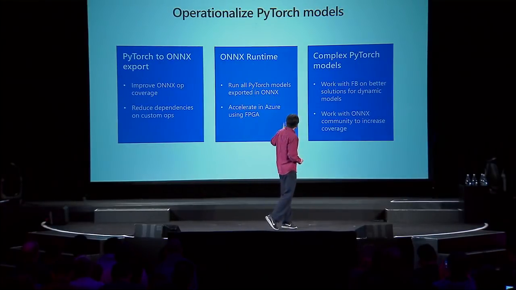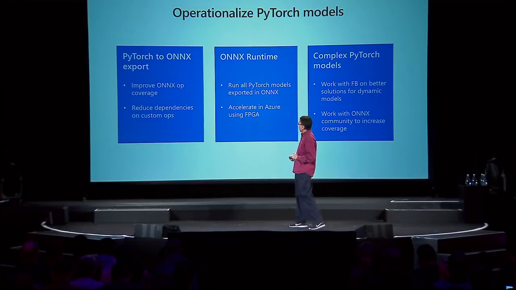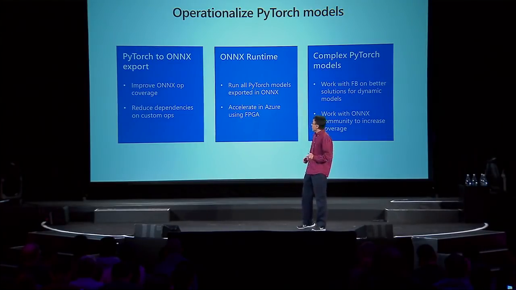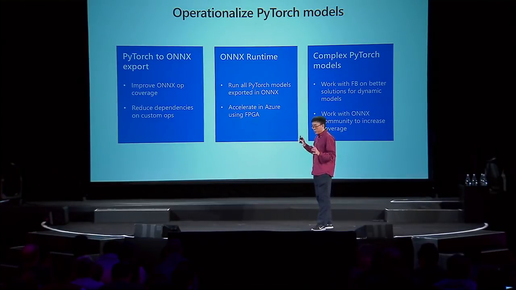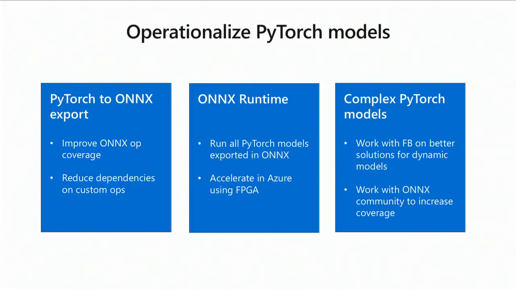So the second focus for the team is to make sure PyTorch can be operationalized in production. So first, we'll focus on PyTorch to ONNX export. That means we want to increase the ONNX operator coverage, so that we reduce the dependencies on custom ops.